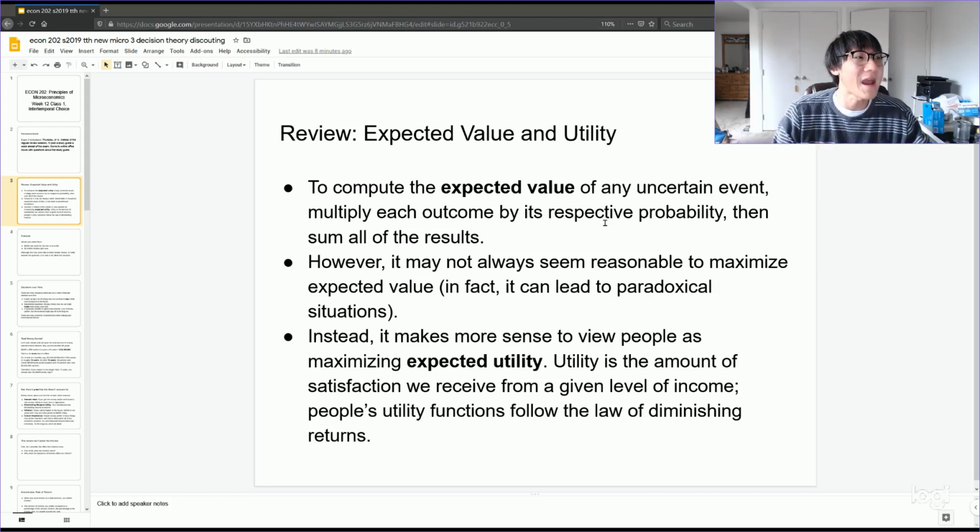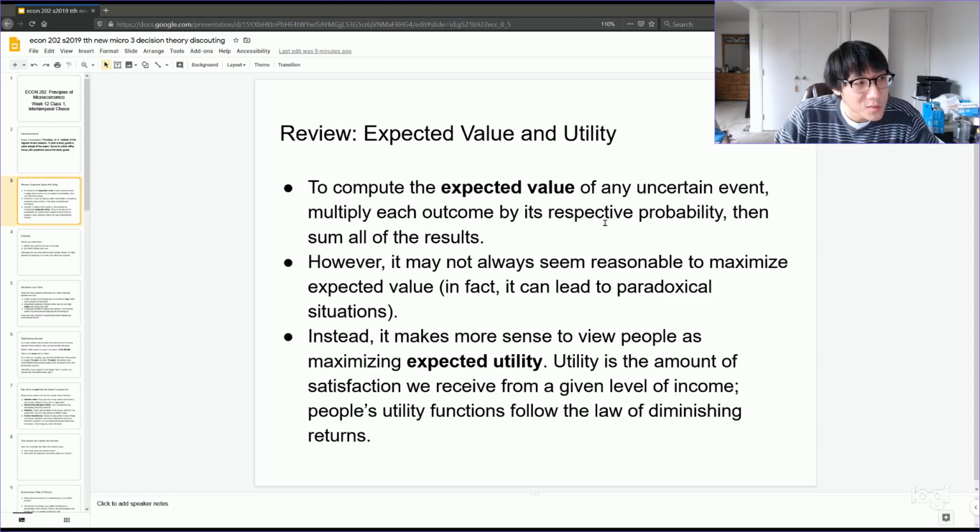Okay, it's the average over many, many repetitions. To calculate this expected value, it's a relatively straightforward process. You take each outcome and multiply by the respective probability of that outcome, and then you sum all of those results. I showed you guys a few examples of that in the slides, and hopefully on the homework, you went through a few examples of that as well.